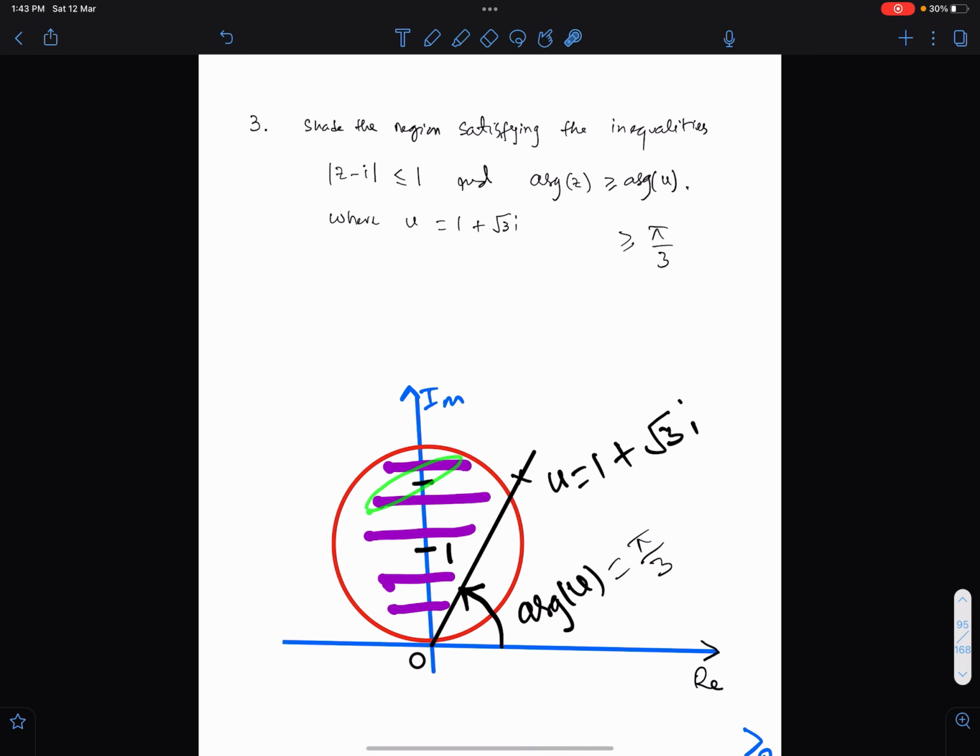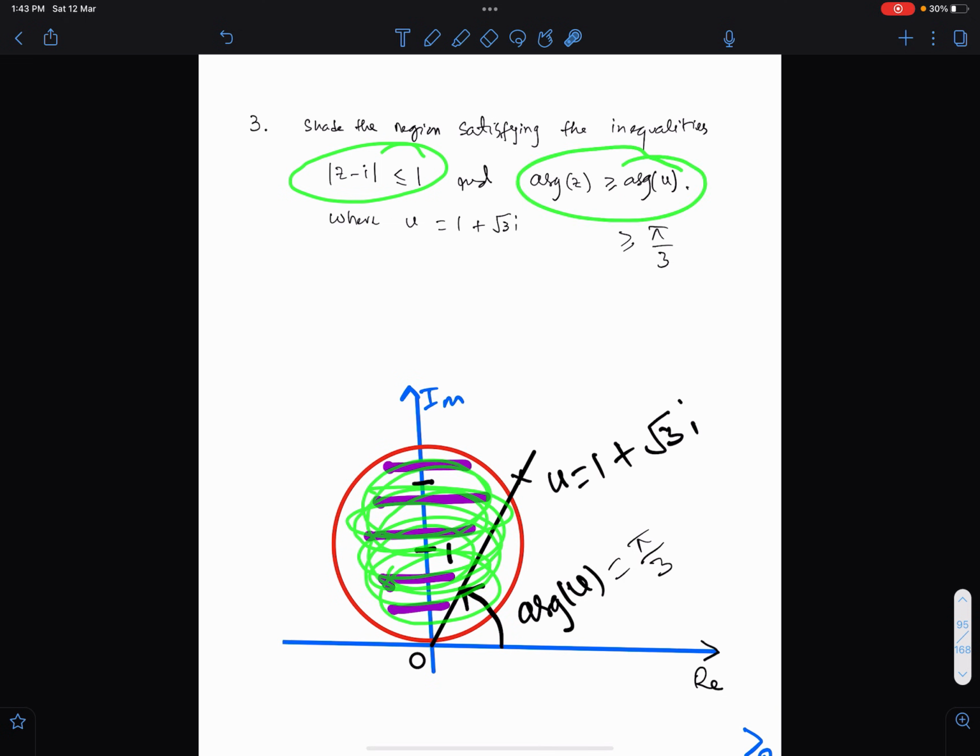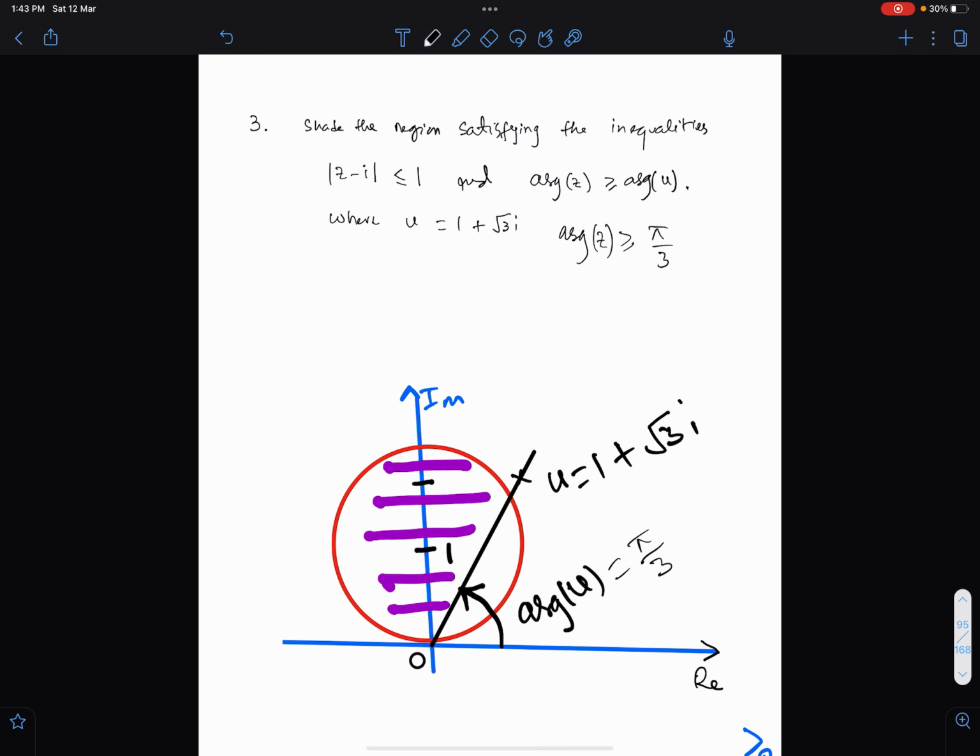So z must be here. According to this inequality, z is inside the circle or on the circumference. And according to this inequality, arg z is greater than or equal to pi by 3. So z must be here.